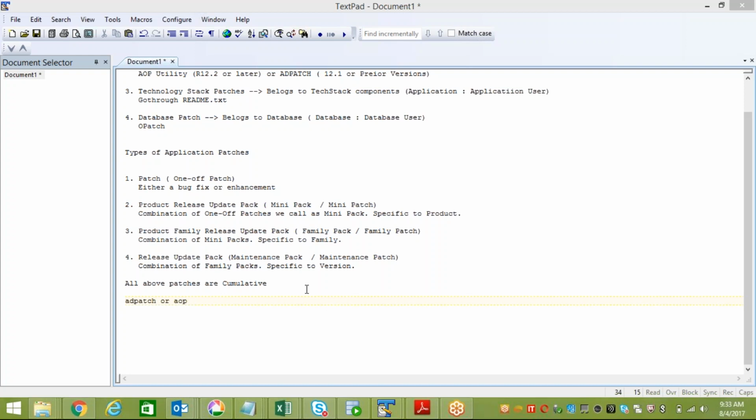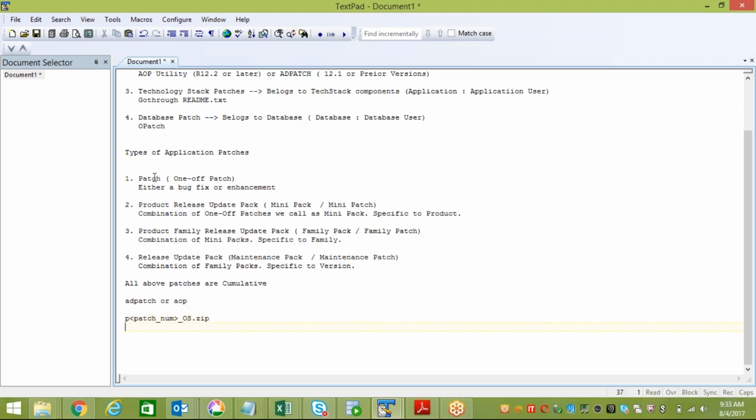As I said, all the above patches you would be applying by using AD patch utility and UOP. And one more thing you need to know: all these patches format will be P followed by patch number underscore OS dot zip.